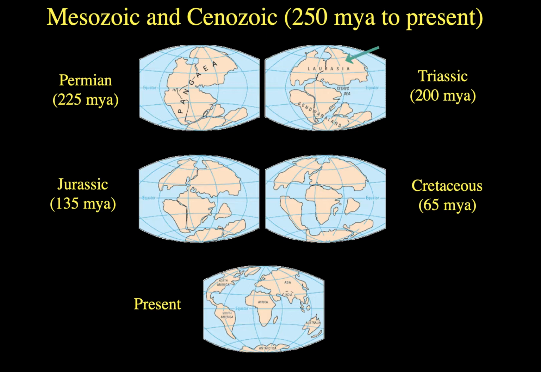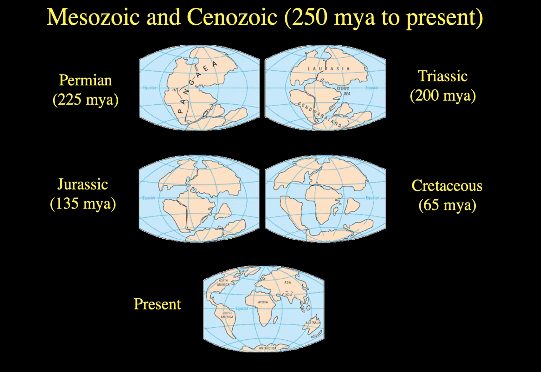Laurasia, which contains Laurentia, which is essentially parts of North America, and parts of Asia over here, and Gondwana is starting to break up down here. By 135 million years ago, then these continents are starting to split apart even further.